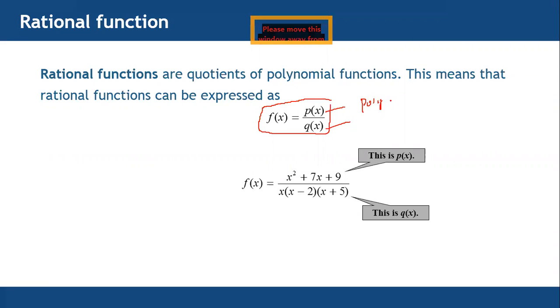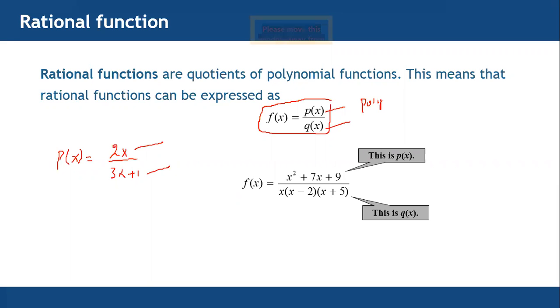For example, if f of x equals 2x divided by 3x plus 1, you can see the numerator and denominator are both polynomials, so this is a rational function: the ratio of two polynomial functions.